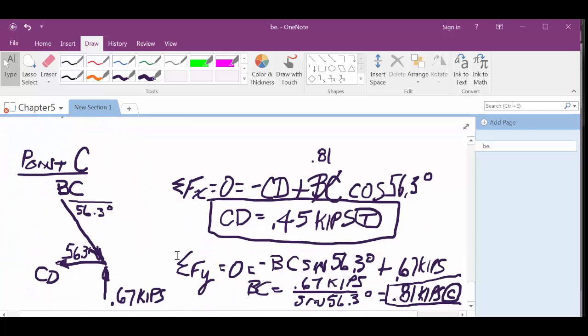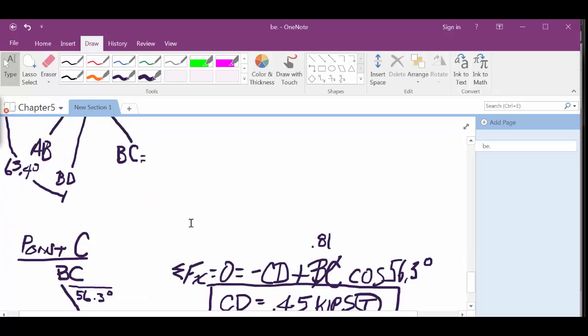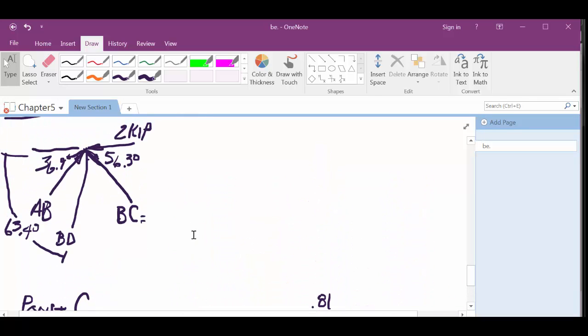Well, now we know BC is in compression, right? So we can put that right here. And we also know the value, right? Equals, I can't remember it, but 0.81 kips right here.